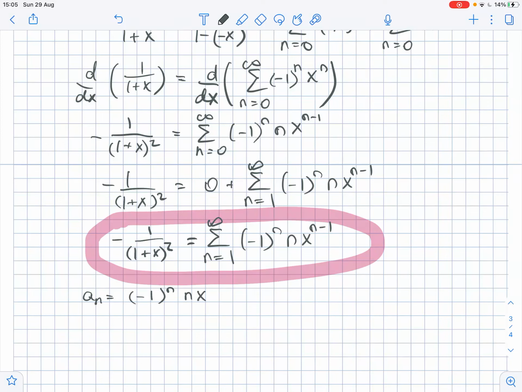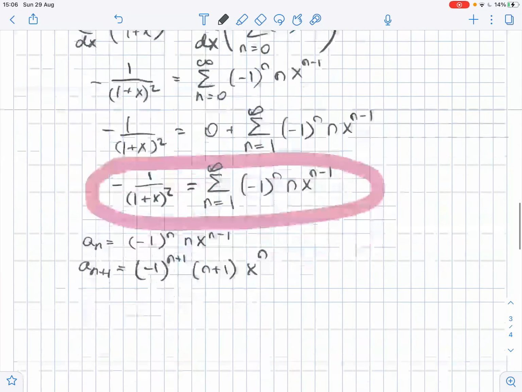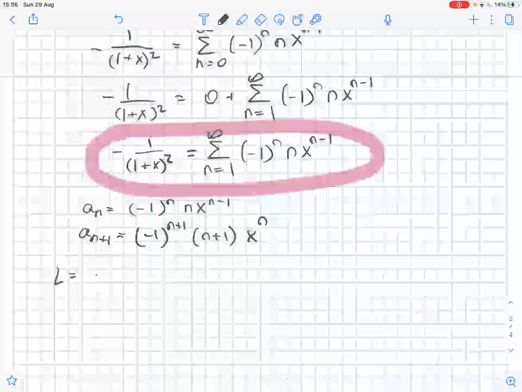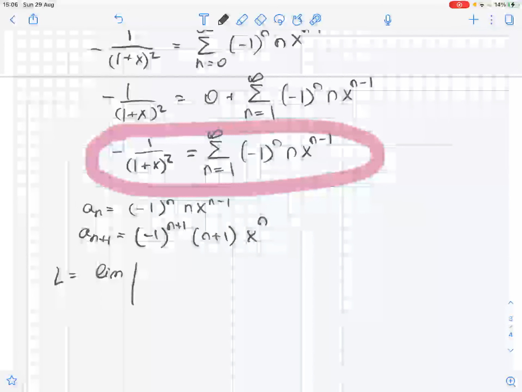So a_n equals negative 1 to the power of n times n times x to the power of n minus 1, and a_(n+1) equals negative 1 to the power of n plus 1 times n plus 1 times x to the power of n.